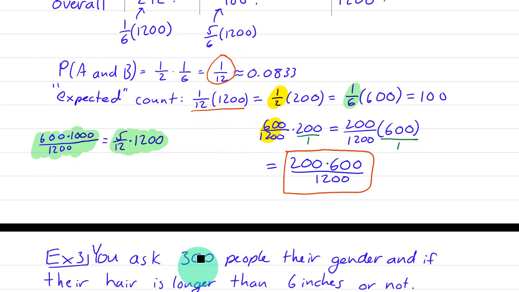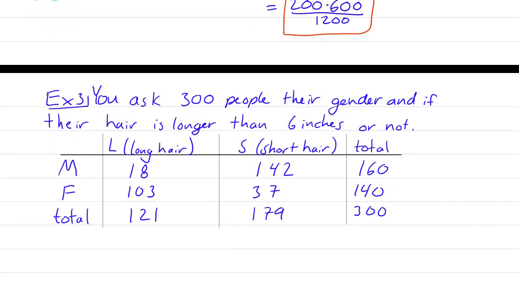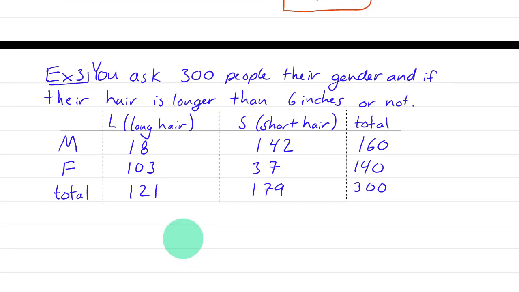Now, let's talk about a quick example of things that are not independent. So, let's say you ask 300 people their gender, and if their hair is longer than 6 inches or not. And so you end up with 160 men in your random sample and 140 women in your random sample, and that has to add up to 300, of course.